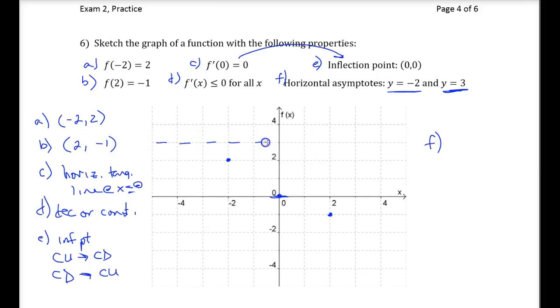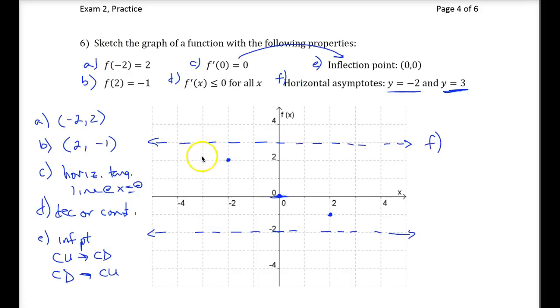So y equals 3 is here and y equals negative 2 is here. So we have these horizontal asymptotes. And with that, we can get an idea of how this graph's going to look now.